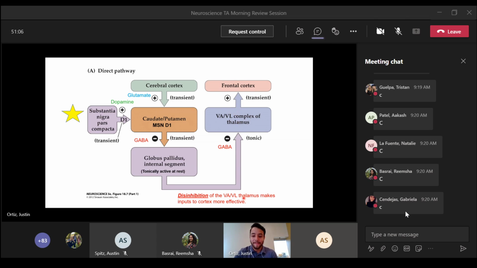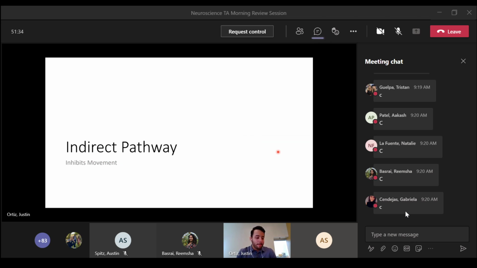You can see that here: disinhibition of the ventral anterior and ventral lateral thalamus makes inputs to the cortex more effective. That's exactly what we talked about, just in a single chart, but I feel like seeing the actual pictures and structures makes it a lot easier to comprehend. And then these D1 MSNs facilitate movement. Okay, any questions on the direct pathway?